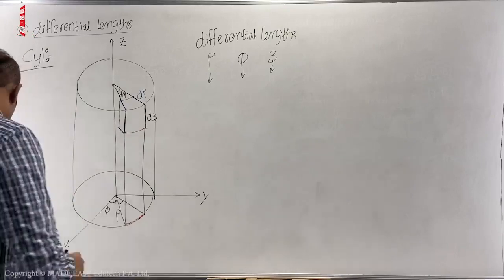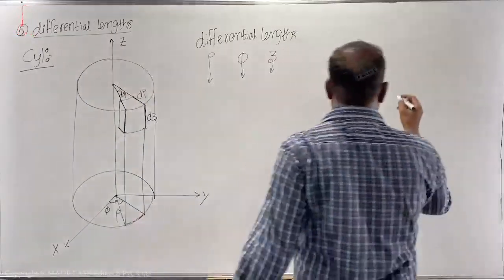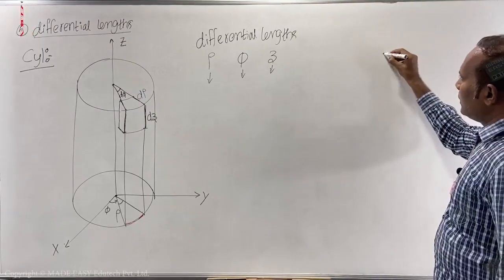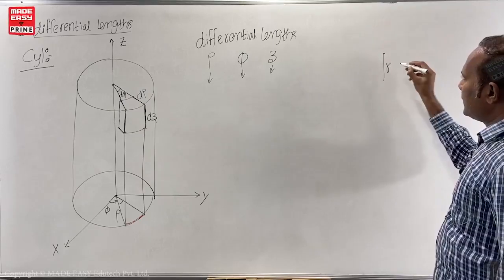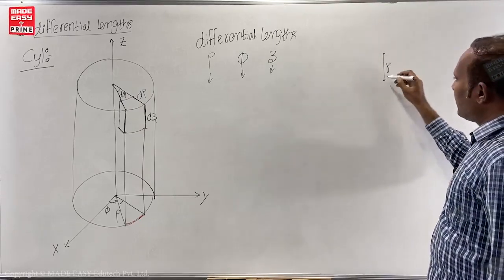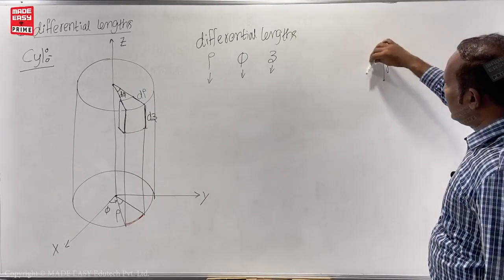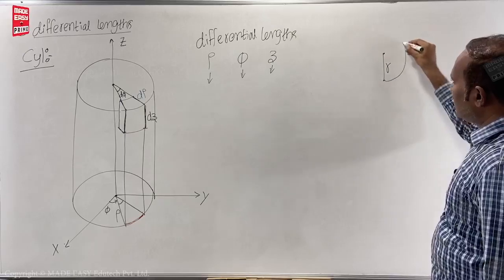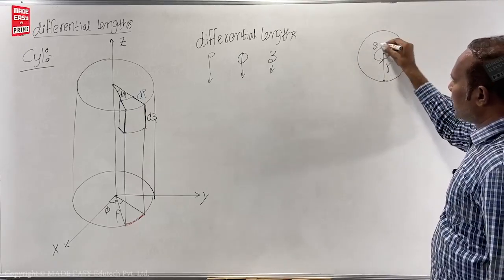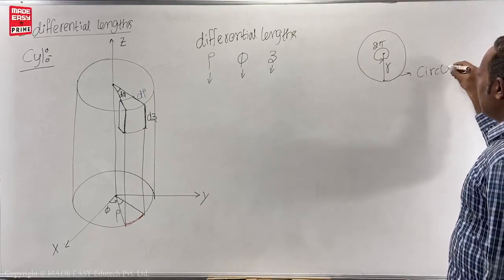First you see this one, for example, here if r is the radius, then I am rotating this line. How much angle? 90, 180, 270, 360, like this I am rotating. How much angle am I rotating? 2 pi radians. Then I got a circle here.